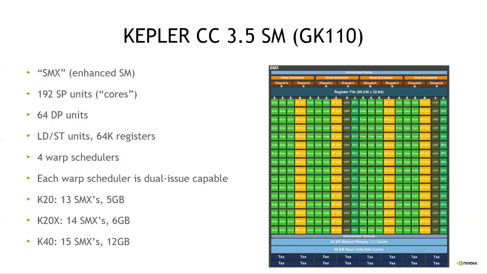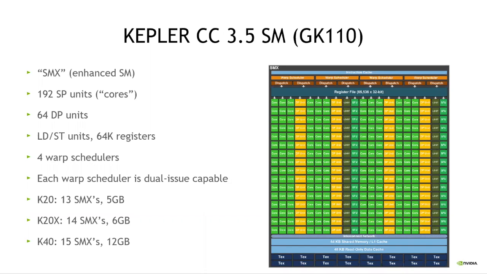Now, those statements and many of the statements that we'll make during this session apply to a particular architecture. So when we compare Kepler GPUs amongst each other, those statements are generally useful and applicable. It may or may not be the case that a Maxwell GPU or a Pascal GPU or a Volta GPU with a smaller number of SMs is more or less powerful than a Kepler GPU.